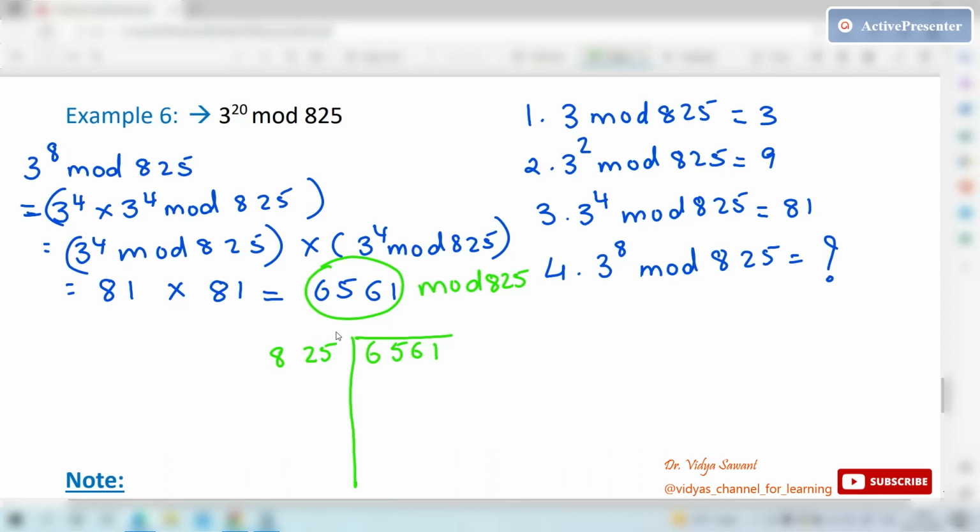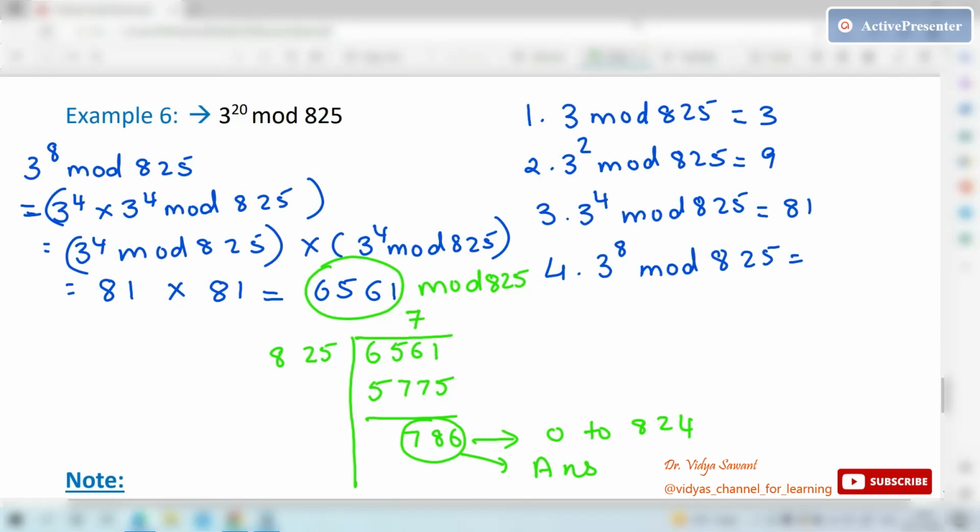So 6561 divided by 825. If you check on a calculator, 825 into 7 comes out to be 5775, and the remainder is 786. Now the 786 remainder that you get is between 0 to 824, and hence this is the final answer to the question 3 raised to 8 mod 825.